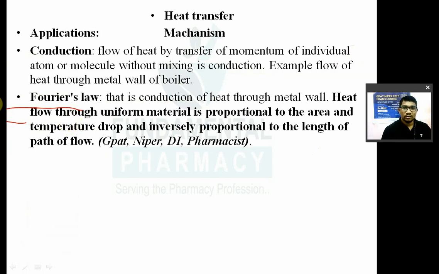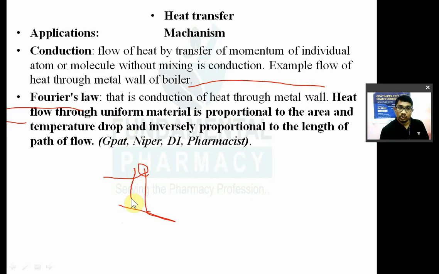So Fourier's law states that heat flow through uniform material is proportional to the area of that metal and the temperature drop across the metal. What does temperature drop mean? Suppose you have a metal, at one point there is a higher temperature and at the other point a lower temperature. So heat will flow from higher to lower, and that is known as the heat gradient. So there should be a heat gradient.